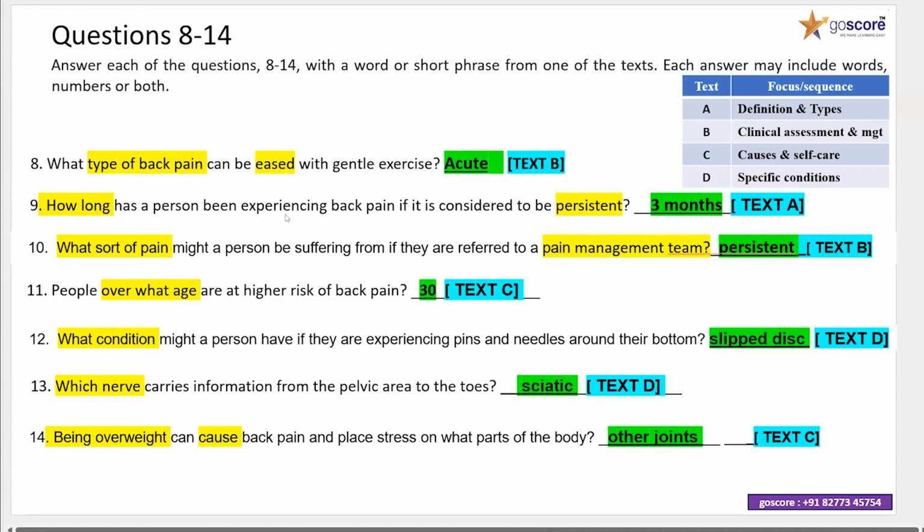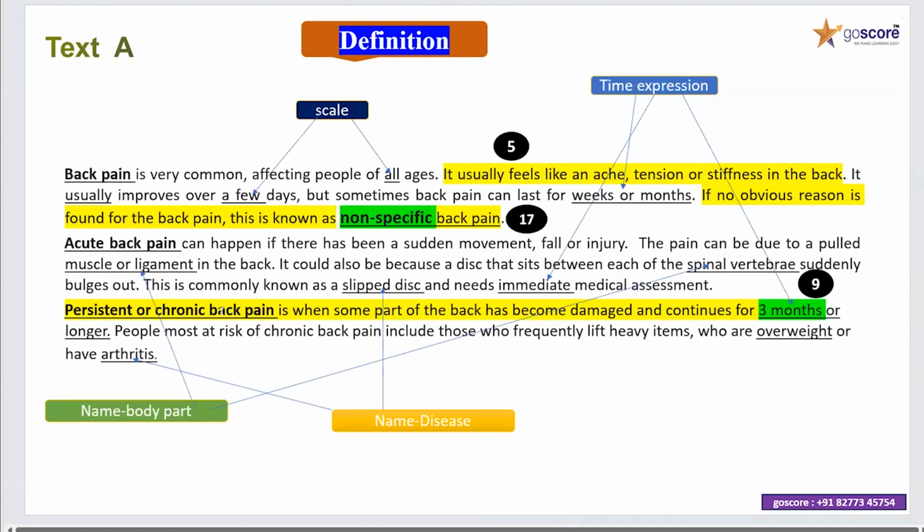We discussed persistent in text A, under definition and types: chronic or persistent back pain, then acute back pain. In text A you can see persistent or chronic back pain is when some part of the back has become damaged and continues for 3 months or longer. So your answer should be 3 months.